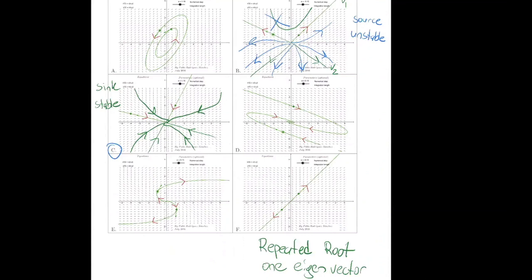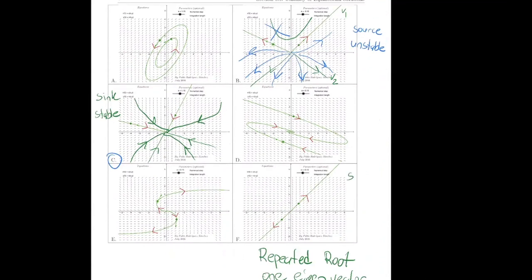So we would still call this a source, just like in case B, and this is unstable. The sign of the eigenvalues is telling us about the stability. That makes sense because the sign of the eigenvalue is what goes in the power of the exponent.